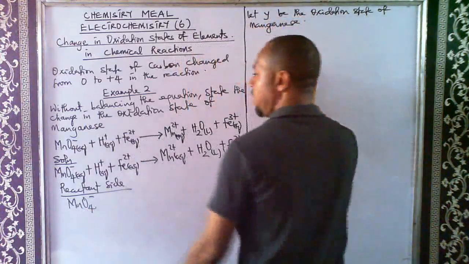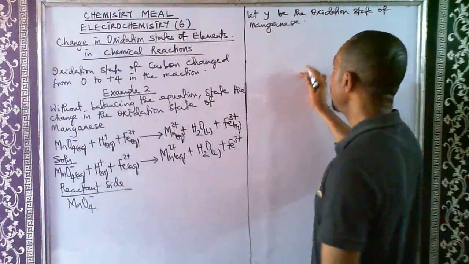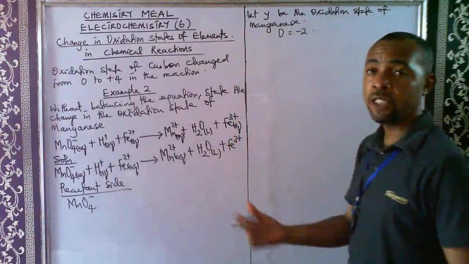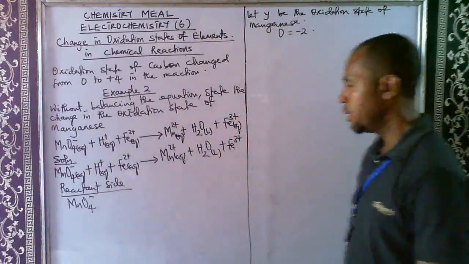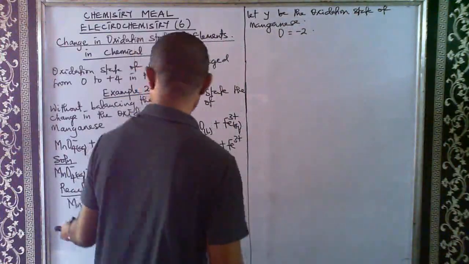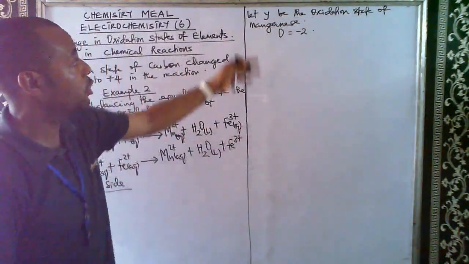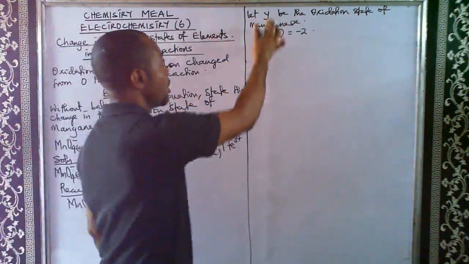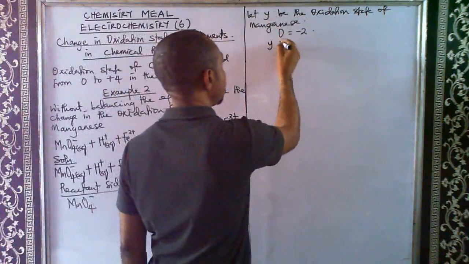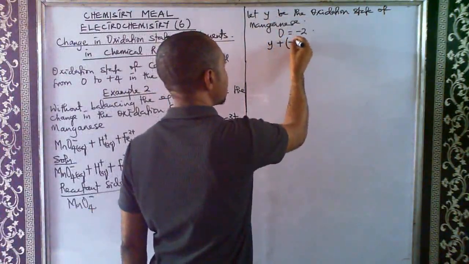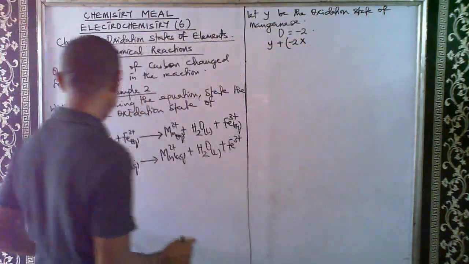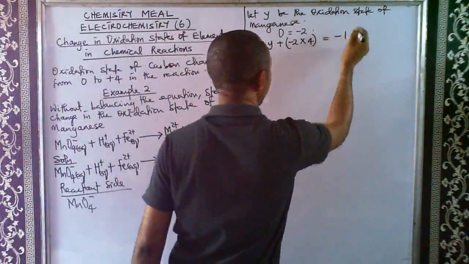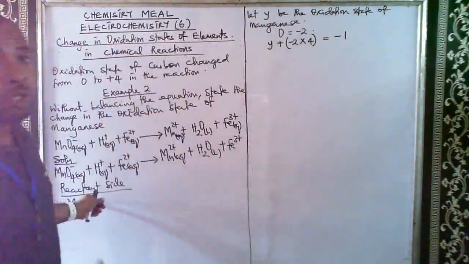Then the remaining element is oxygen, and we know that the oxidation state of oxygen is minus 2. This is a radical. For a radical, we sum the oxidation states and equate to the charge on the radical. So we have the oxidation state of manganese is Y plus that of oxygen, minus 2, and we have 4 atoms of oxygen. So we write this equal to minus 1 because that's the charge on the radical.